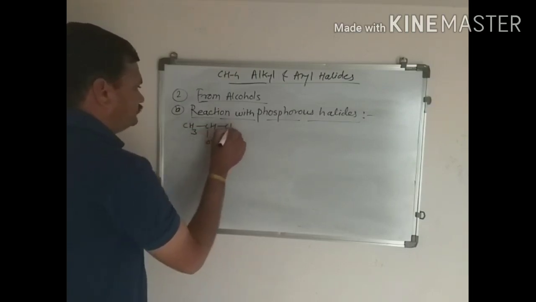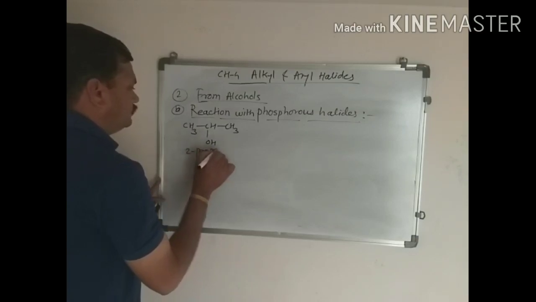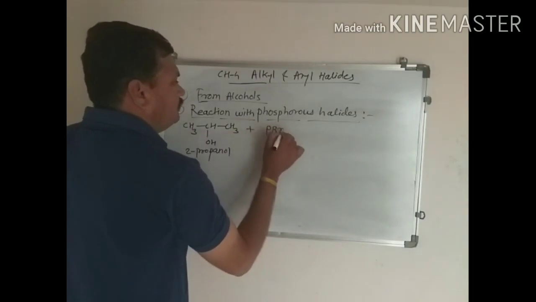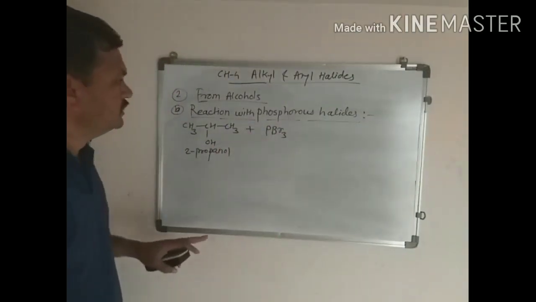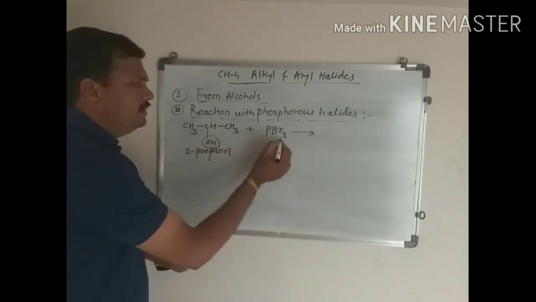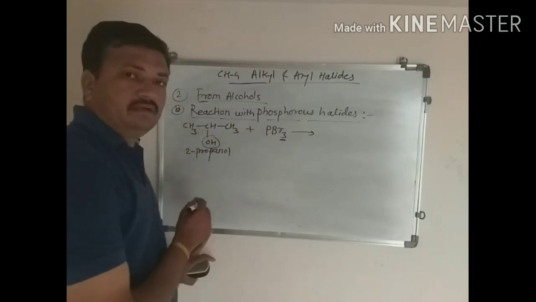Again, alcohol, 2-propanol, when treated with PBr3, the same reaction takes place. The OH group is replaced by a halogen atom. Again, there are 3 bromine atoms.